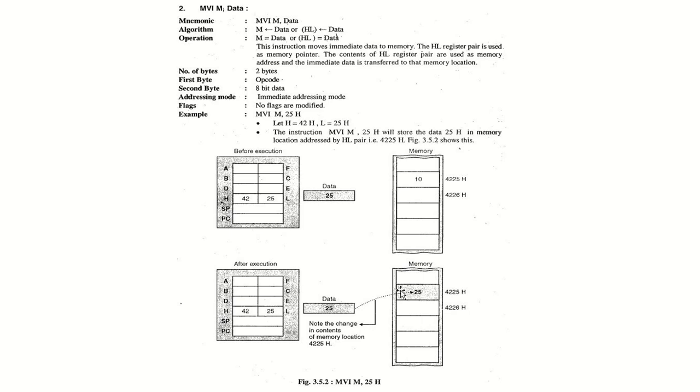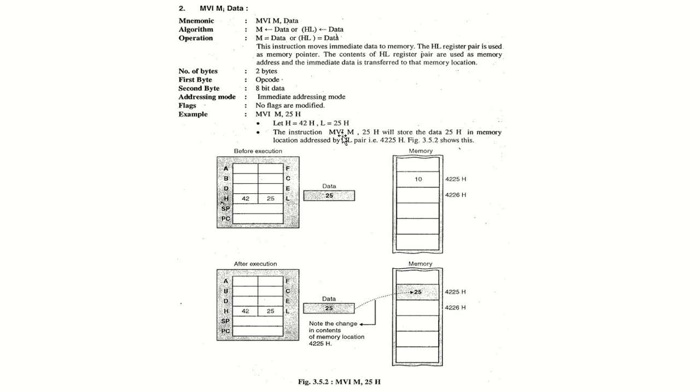So what would be the instruction? Let's say MVI M, 25. So let's say H has 42H and L has 25H, right? So the instruction will store the data 25H in the memory location addressed by the HL pair, right?